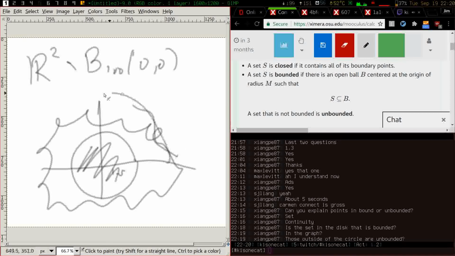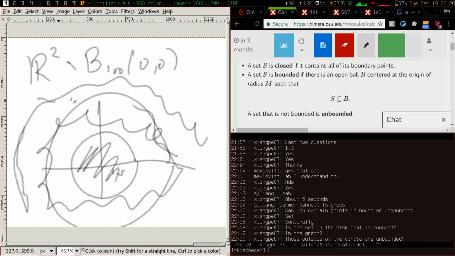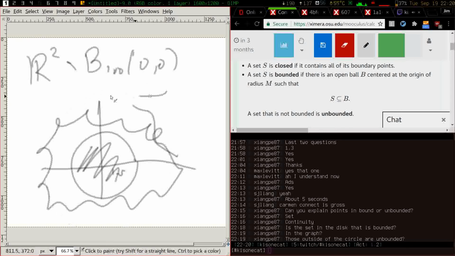No matter how big of an open ball you draw, there's always more stuff out here. So the complement of a ball of radius 100, all the points in the plane which are at least 100 away from the origin, is an unbounded set. So yes, the set of points outside of some open ball is unbounded.